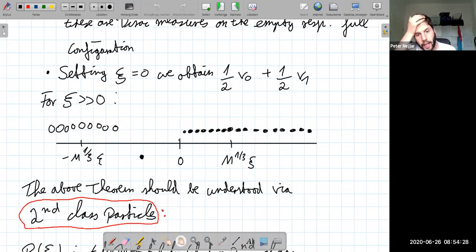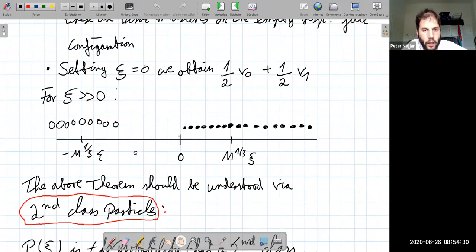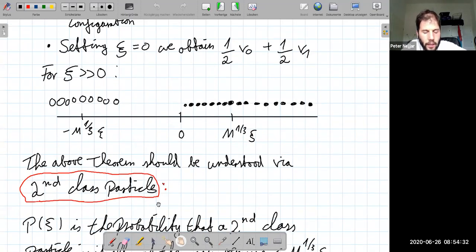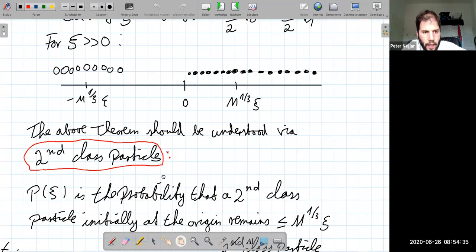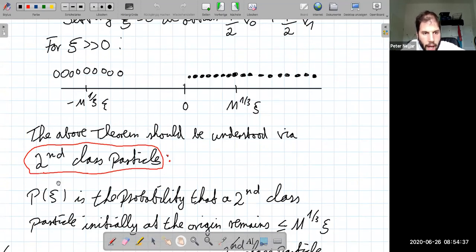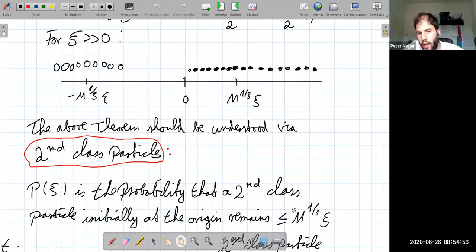And to explain this result a bit, we look at second-class particles. Namely, what we will see is that this p of xi, the probability that two independent GUEs are smaller than xi, is exactly the probability that a second-class particle, which was initially placed at the origin, remains to the left of the position m to the power 1/3 times xi.